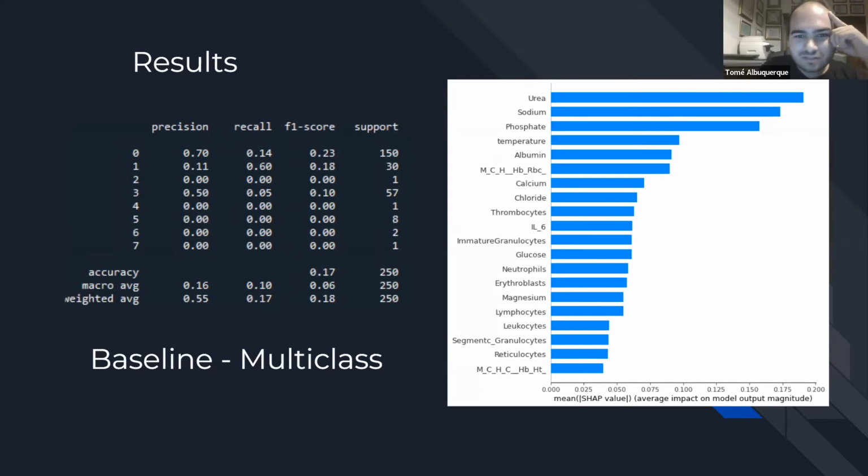So basically, we start with the multi-class task, the 7 different labels. We have here the results for them. Basically, the first results for the baseline are very poor. We have an accuracy of 17, which is very, very low. But we tried to find what the most important features are, so we printed the SHAP value graph, and then we saw some of the most important features.